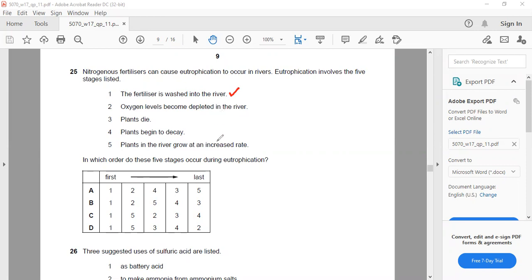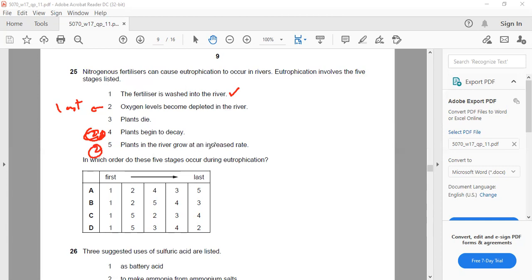This is last. After that, the algae increases. Number 5, plants grow because algae production increases.